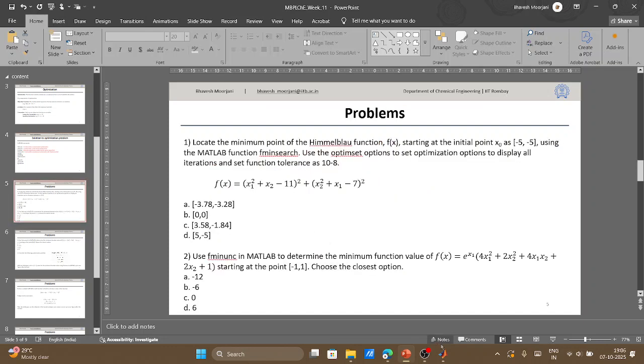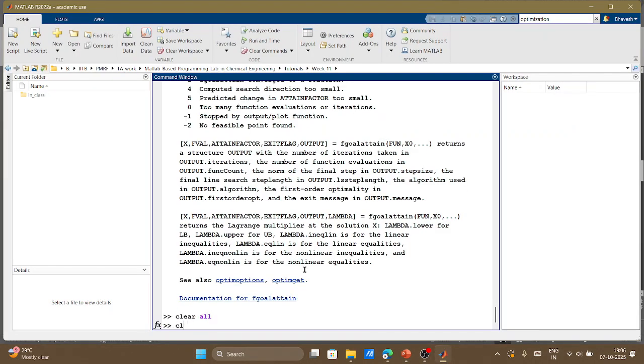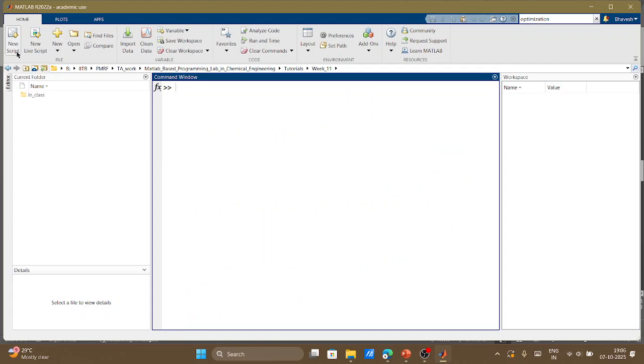So here we have a function. Let's create a script.